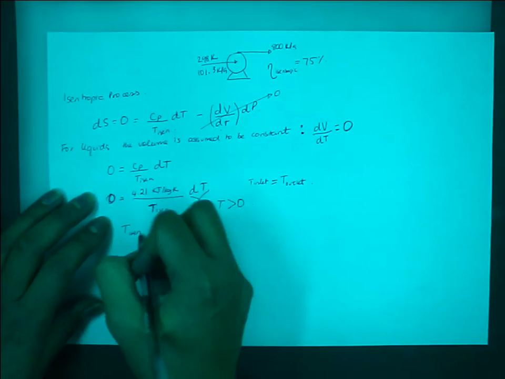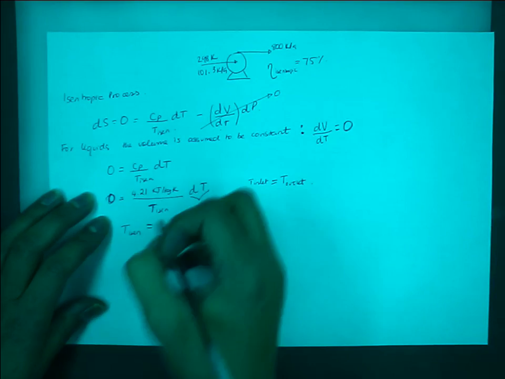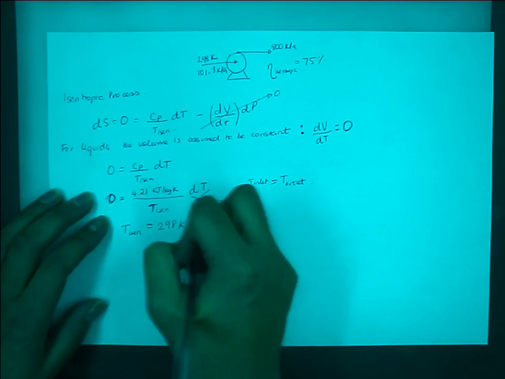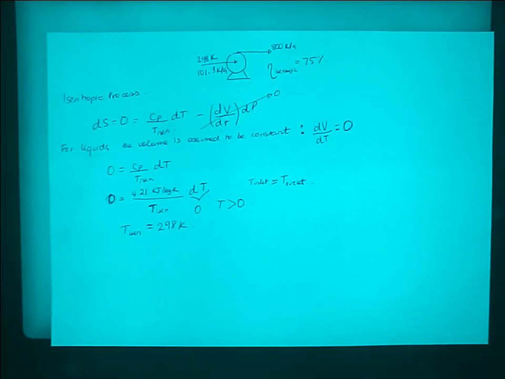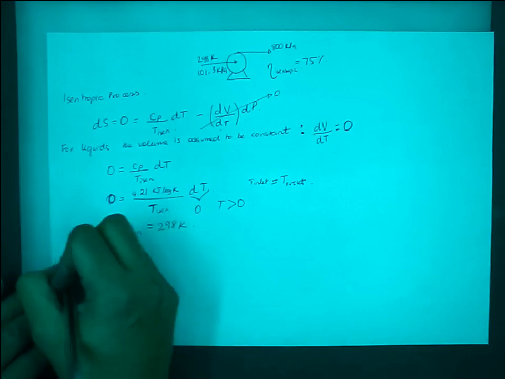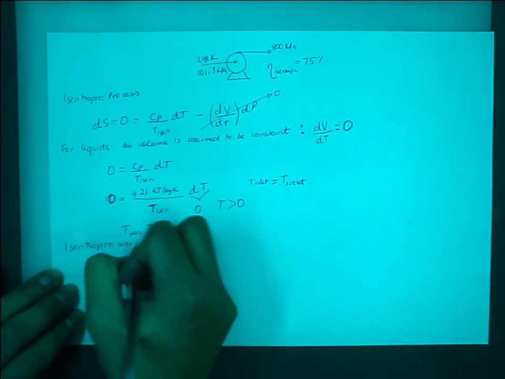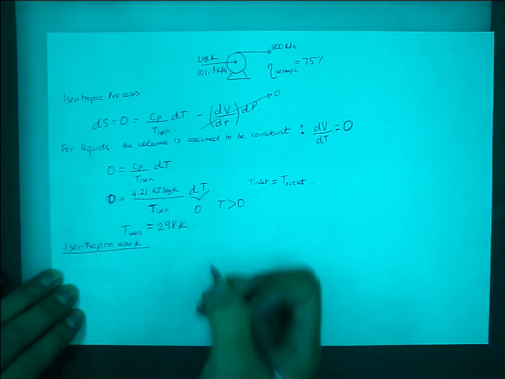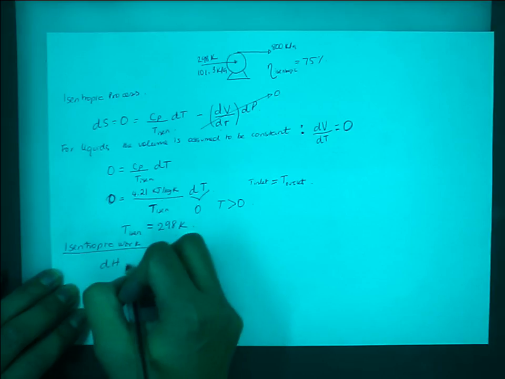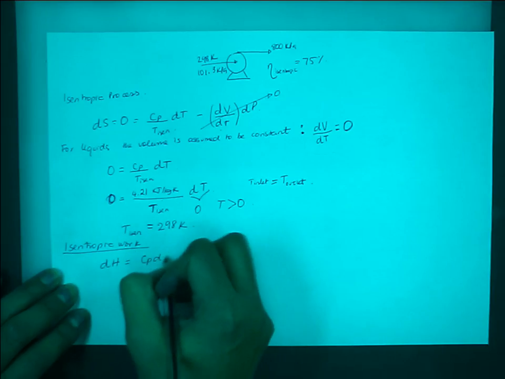So now we're going to get dH. dH equals Cp dT plus V minus T dV over dT dP. Okay? So we said that the volume is constant, so that goes to 0. Okay? That was our assumption. And then we say that dT, what happened to dT?